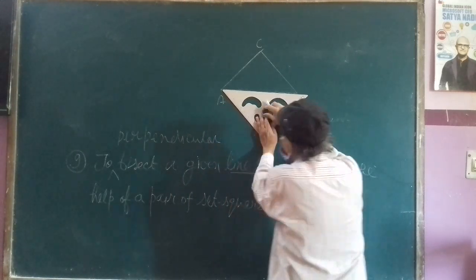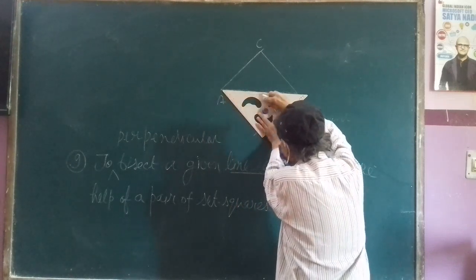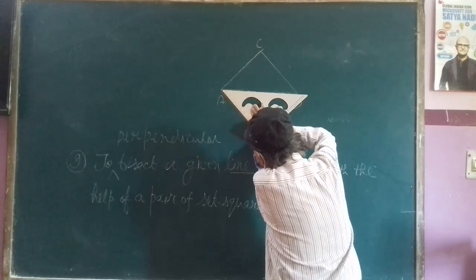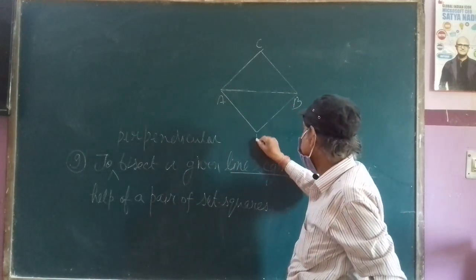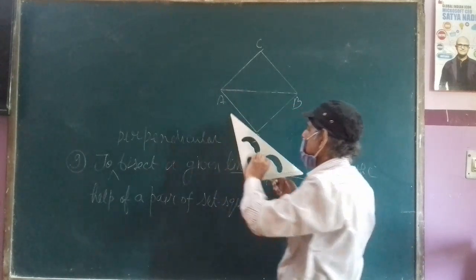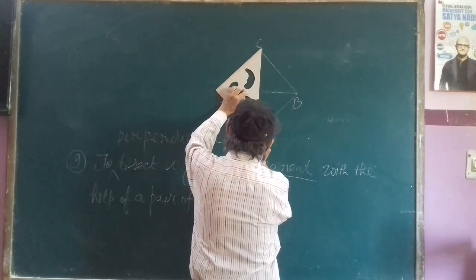Side along AB, ensure, and then hold it tightly. Your left hand should press against the board. You get this point D. Then join CD. You have not used any compass.